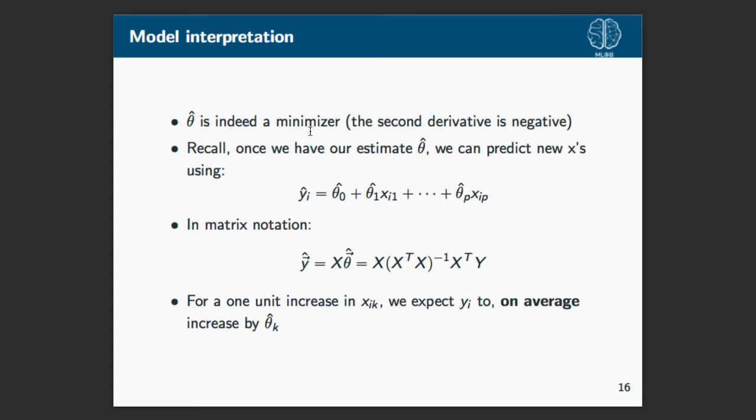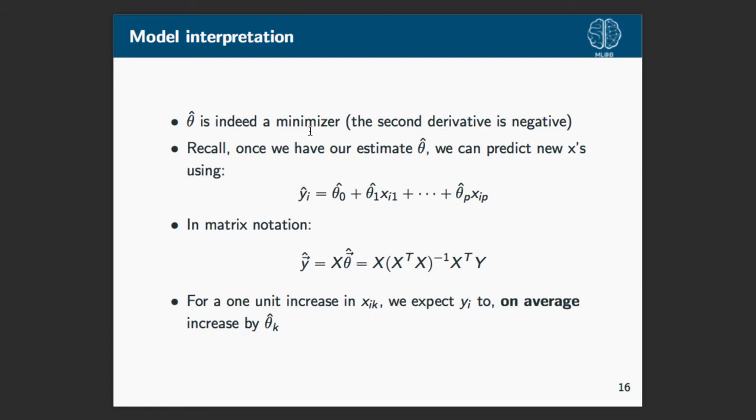What this really means is that if we increased our predictor variables by 1 unit, since this is just scaling each of those predictor variables by theta p, for example, if we increase x_ip by 1 unit, then we expect our estimate to increase by theta p.